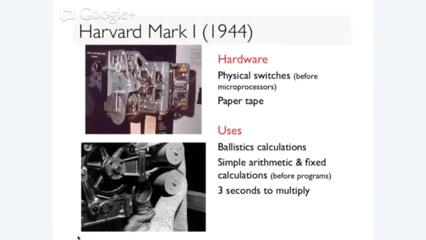So this machine was electromechanical. There were no microprocessors around, so it was all built on physical switches and paper tape. And so early uses were mostly military, so ballistics calculations and general arithmetic. It took about 3 seconds to do a multiplication.